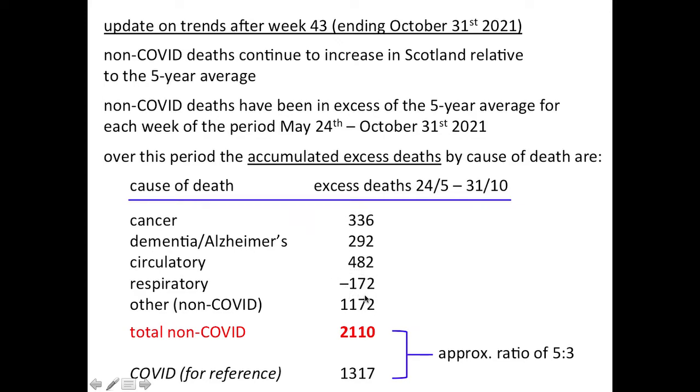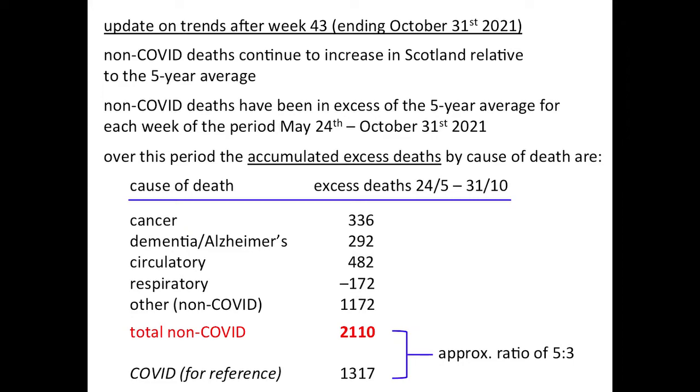Interestingly, the net figure in this period for respiratory disease is negative, and that's in accord with what we were saying before about the fact that sadly many of the COVID deaths last year and earlier this year would have been in individuals with serious respiratory disorders, and we do expect a very significant decrease in mortality in this category as a result.